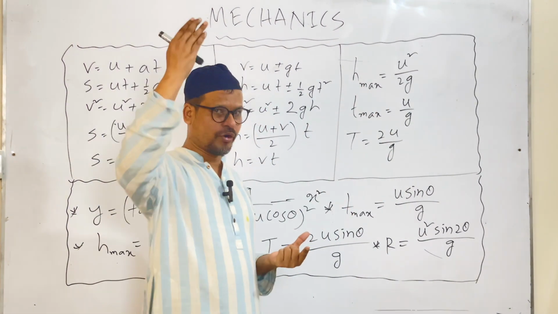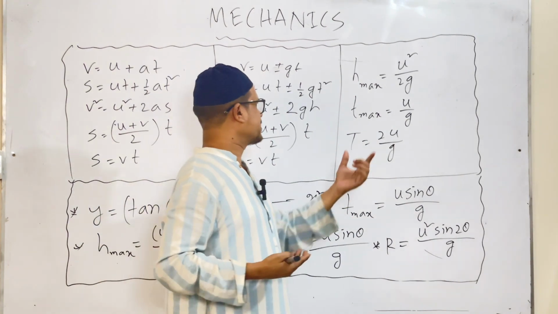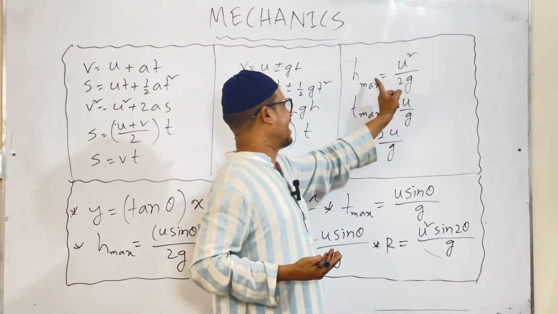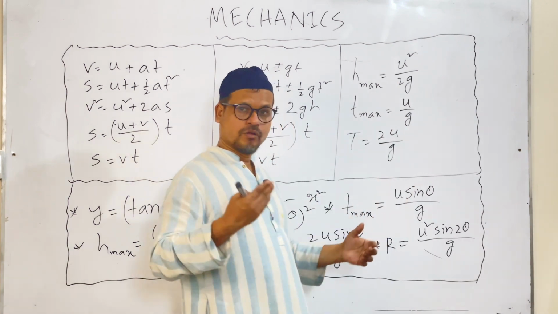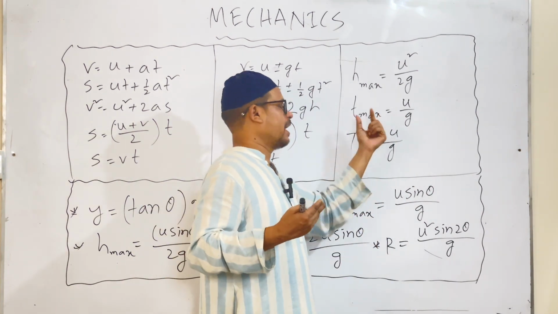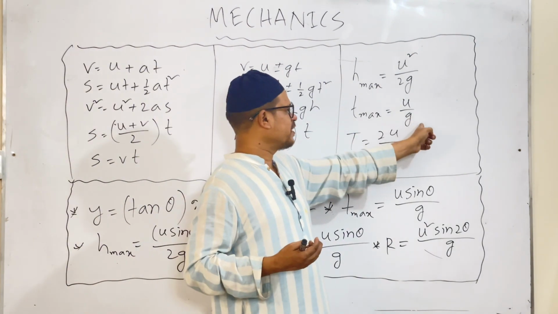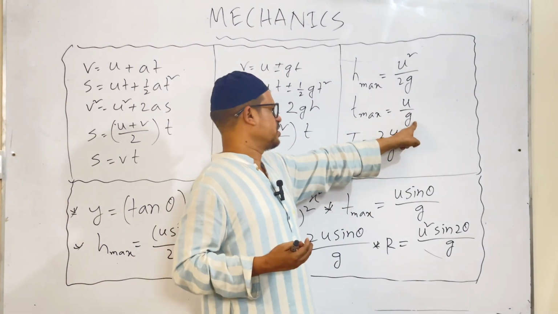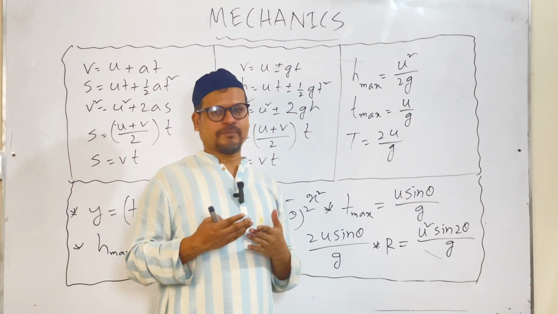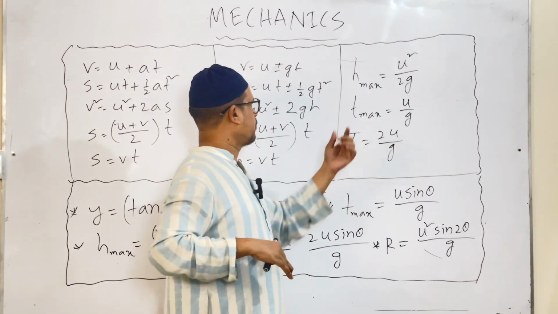If you throw any body, you can find the maximum height by this formula, h maximum equals u square over 2g, and the time to reach the highest point is u over g.